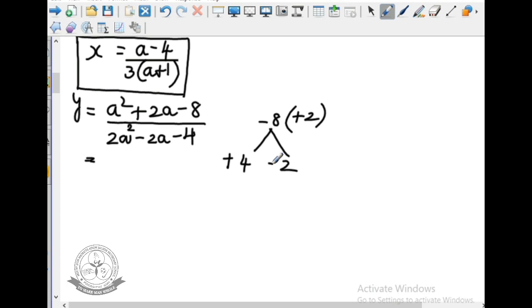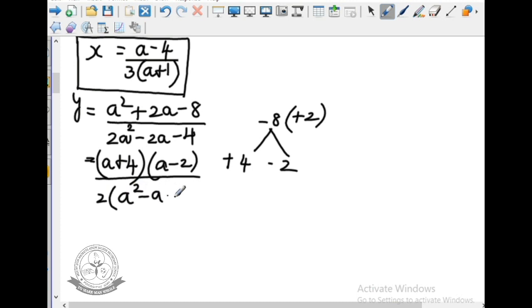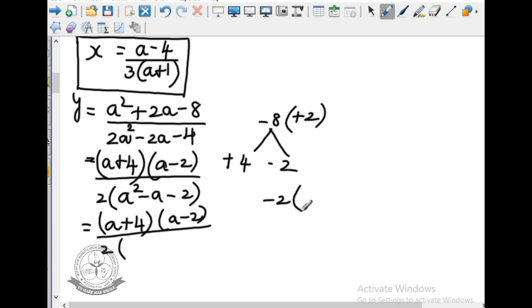So this can be written as a plus 4 into a minus 2, whole divided by, from the denominator we can take 2 as the common factor. So take 2 outside, a squared minus a minus 2. Now you have to factorize the denominator. The product is minus 2, the sum is minus 1. The factors for 2 are 1 into 2. The sum is negative, so give the negative sign to the greater number.